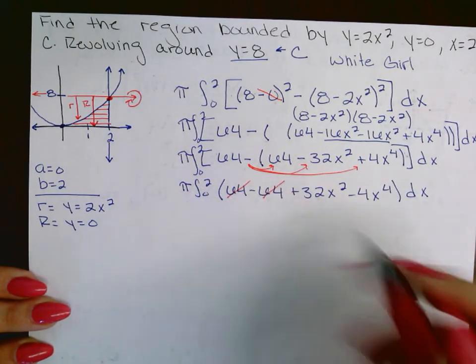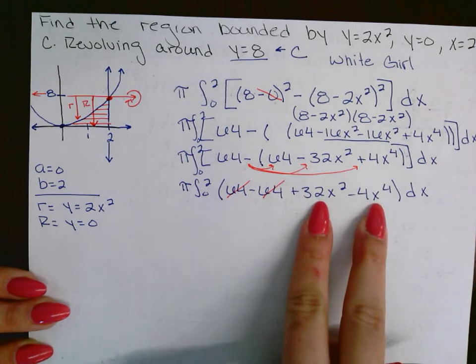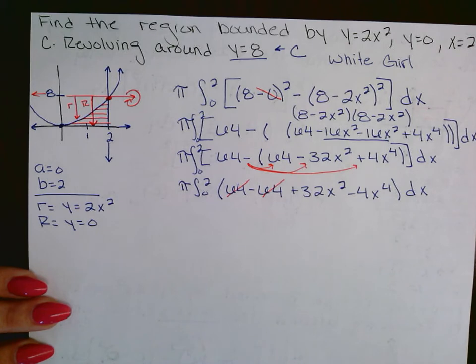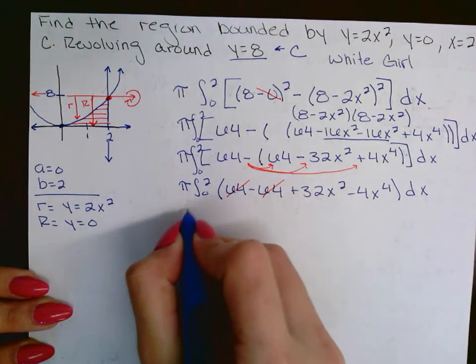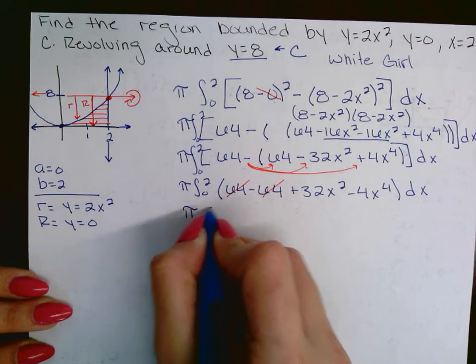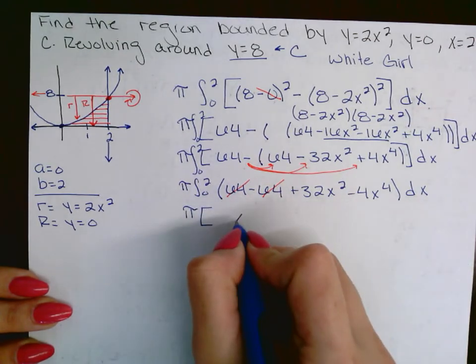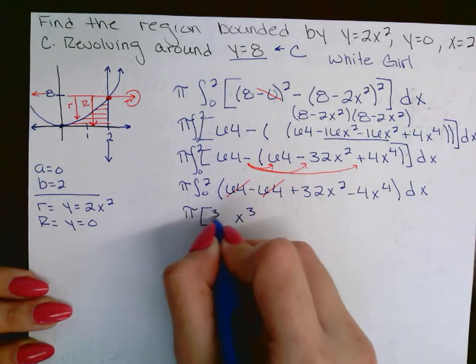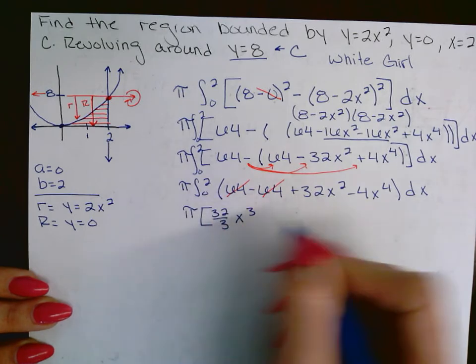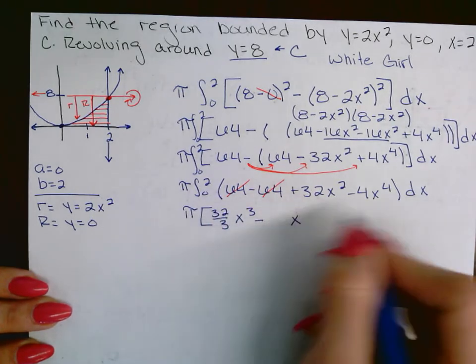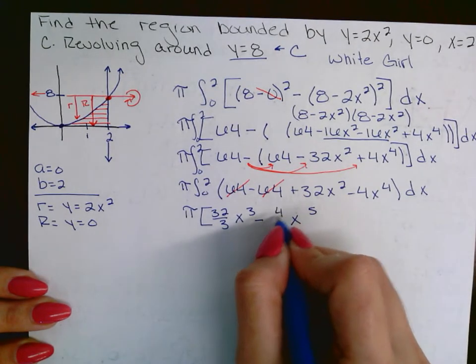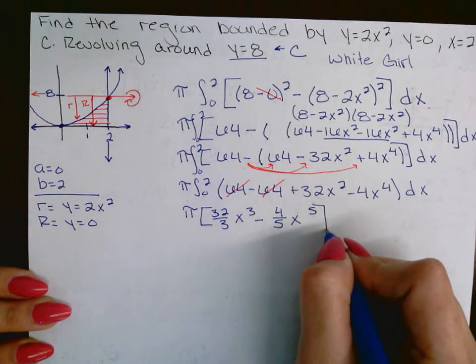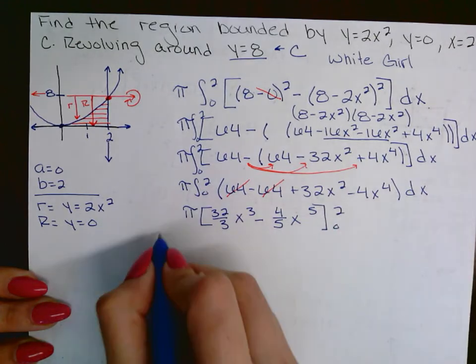These two cancel, and now my antiderivative is actually pretty short, okay? So antiderivative here, I add one, so it is x cubed, and now I have 32 over 3, good, minus, this becomes an x to the fifth, and I divide that 4 by 5, exactly. And I have 0 to 2.